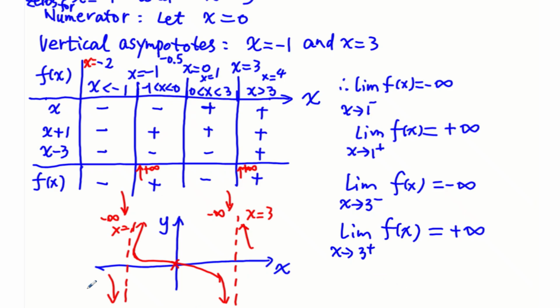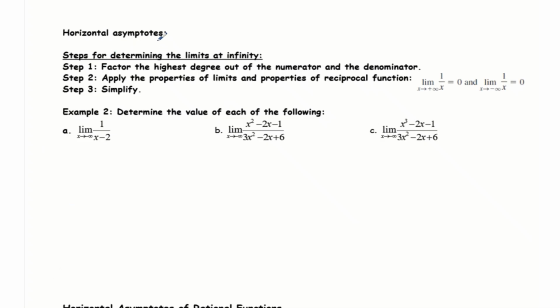Then we are going to continue to see example 2 to practice more. So example 2, we are going to focus on the horizontal asymptotes. And in order to find the horizontal asymptotes, we are going to use x approaches negative infinity or positive infinity, and we want to find the limit.